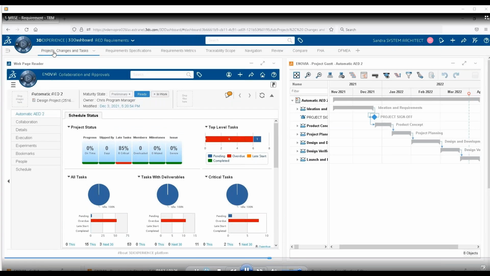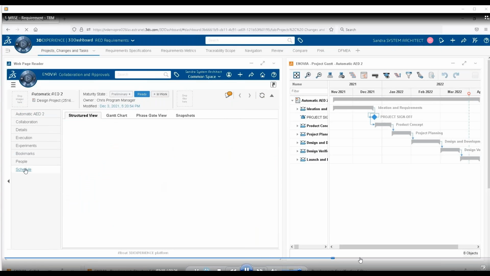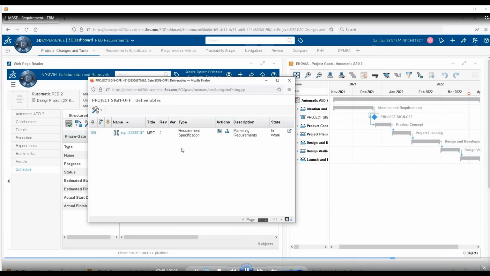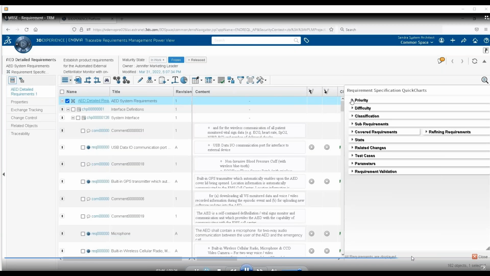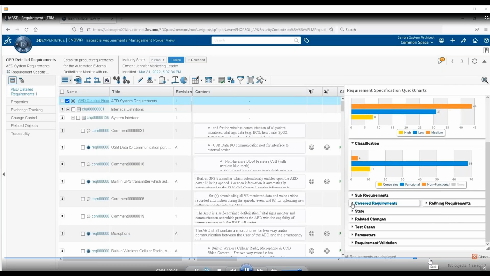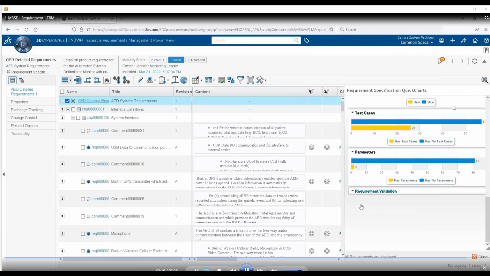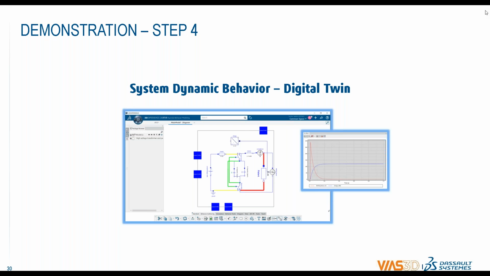You can do validation and verification of the requirements based on your project. So you can share these requirements, or part of the requirements, with different stakeholders or people who are working within this project.